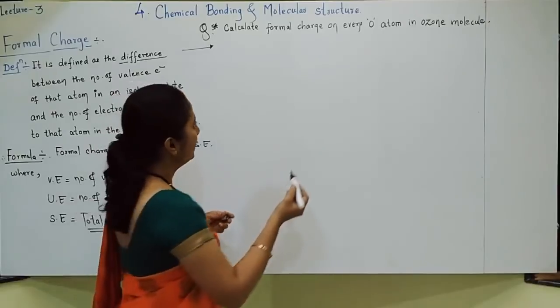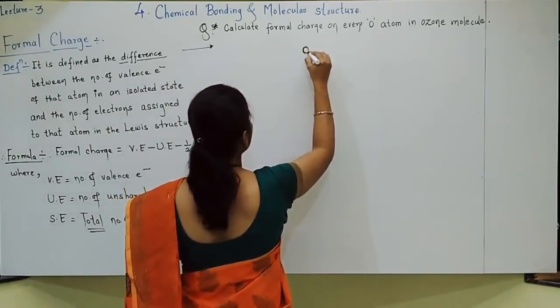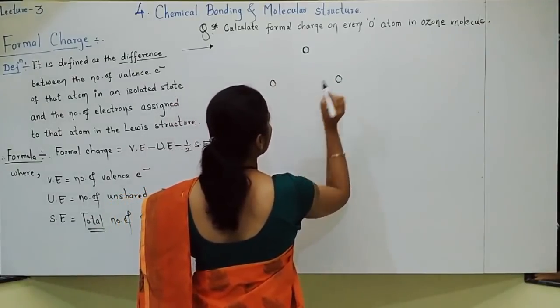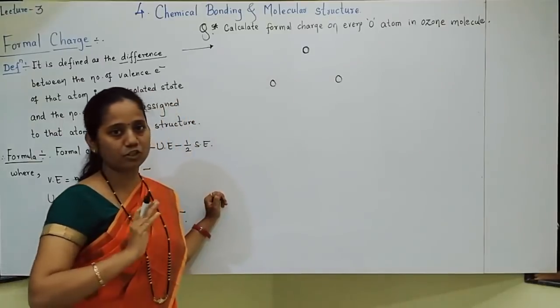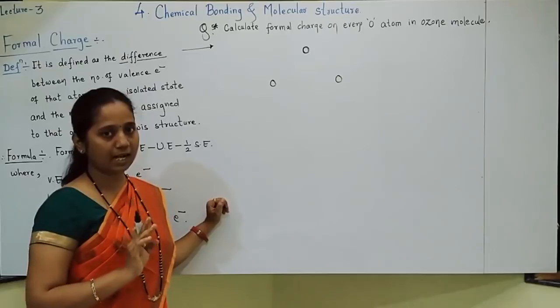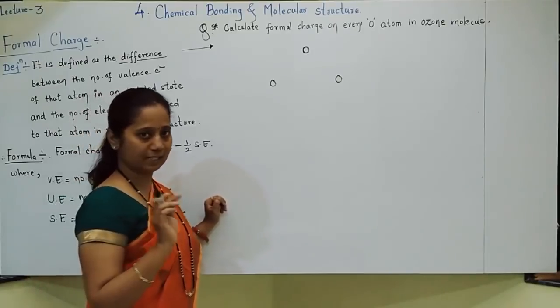Okay. See, to start, I have already told you that ozone has 3 oxygen atoms. Once again, try to understand. Ozone has 3 oxygen atoms. Oxygen has 6 valence electrons.